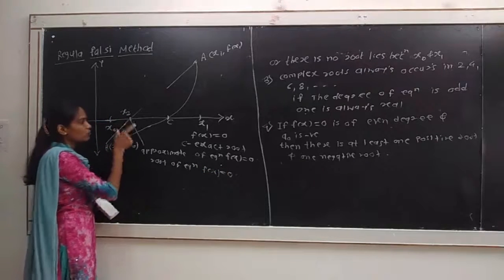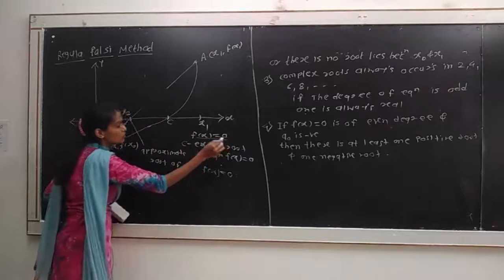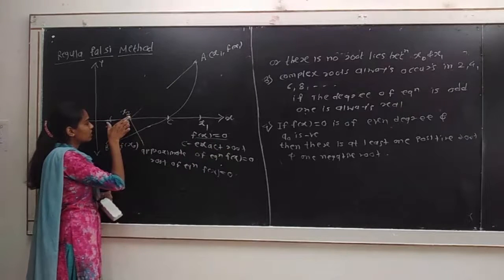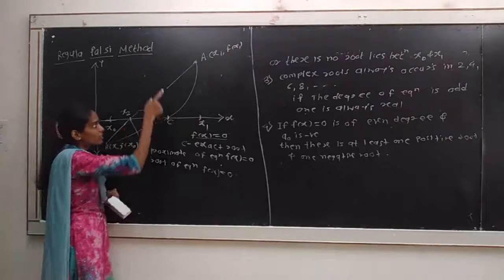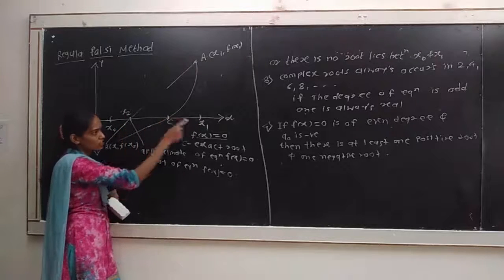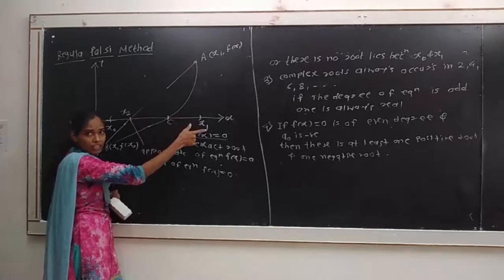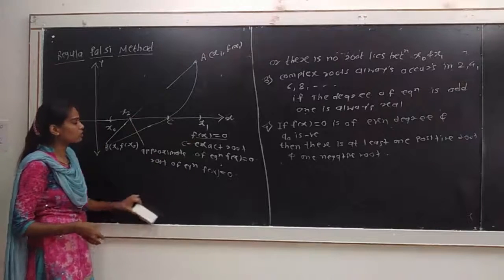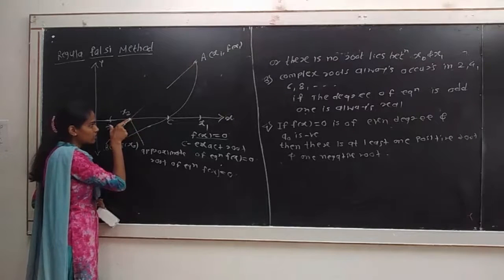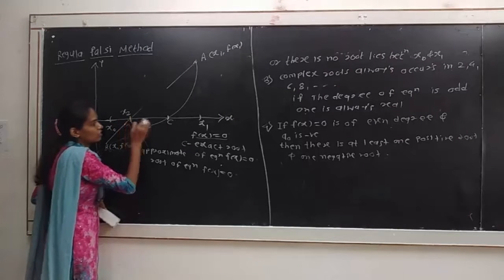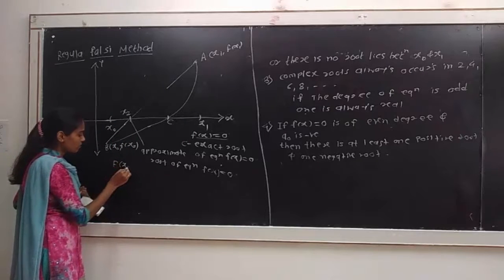Then again we have to search whether the root of the equation f of x is equal to 0 lies between x0 and x2 or between x0 and x1. In this way we divide the interval x0 x1 into two subintervals, x0 x2 and x2 x1. For the next iterative root, we first check which interval the root lies in.